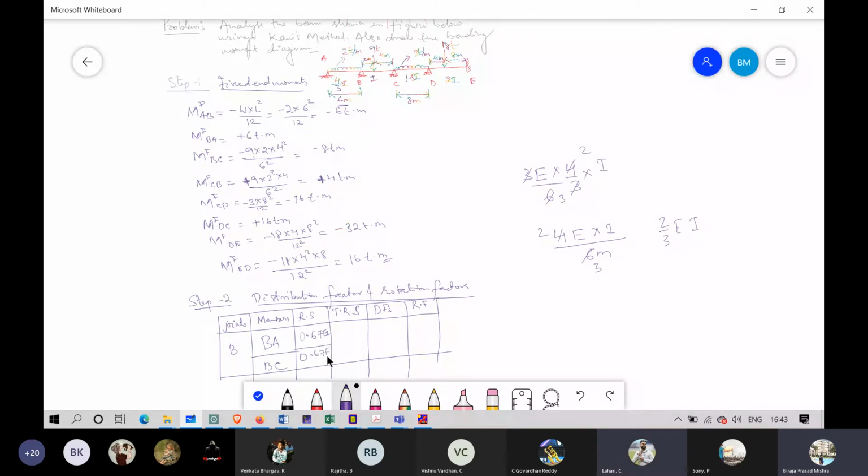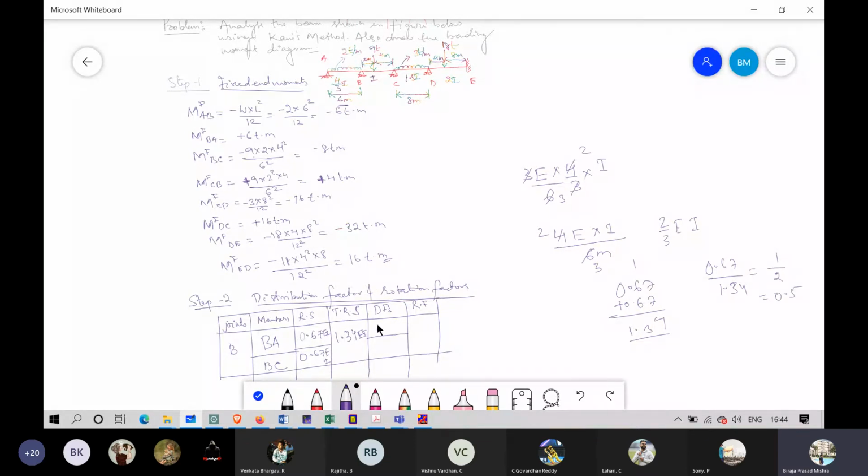So the total will be 0.67 plus 0.67, which is 1.34 EI. So 0.67 divided by 1.34 is 1 by 2, it is 0.5.